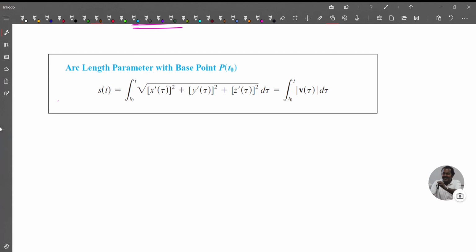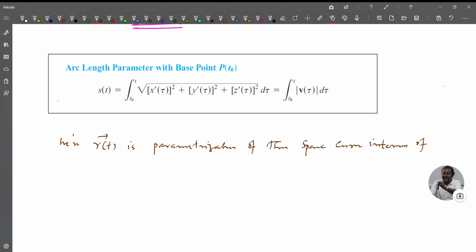We have r of t is the parameterization of the space curve in terms of the parameter t.